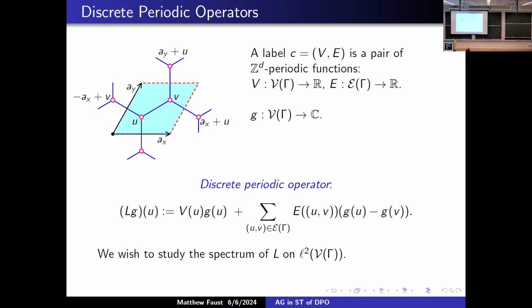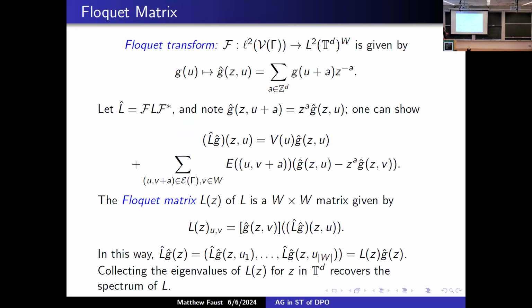What we're first going to do is make this more approachable by using the Fourier transform, or in this case, it's often called the Floquet transform. This might look somewhat intimidating, but it's just an operator that sends functions in the space of square summable functions on the vertices to a vector of square integrable functions on the d-dimensional torus, so think S^1, but now d of them.